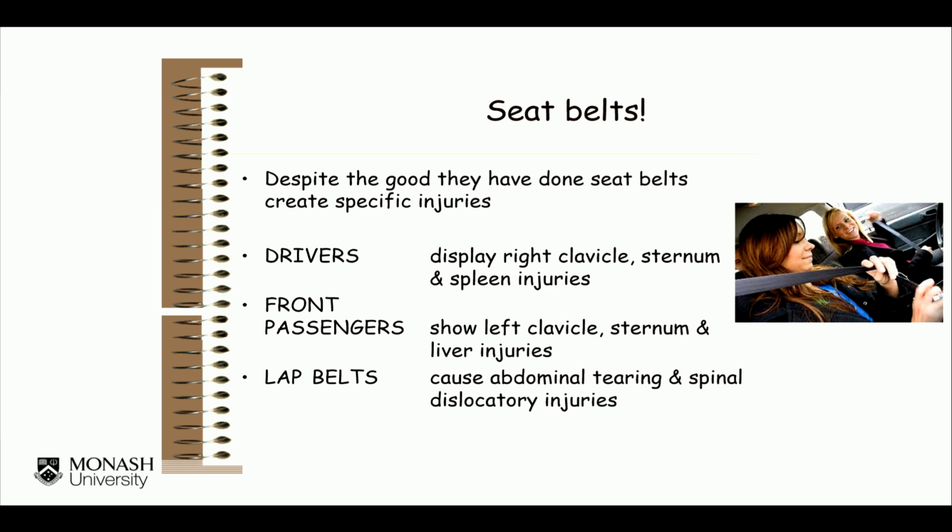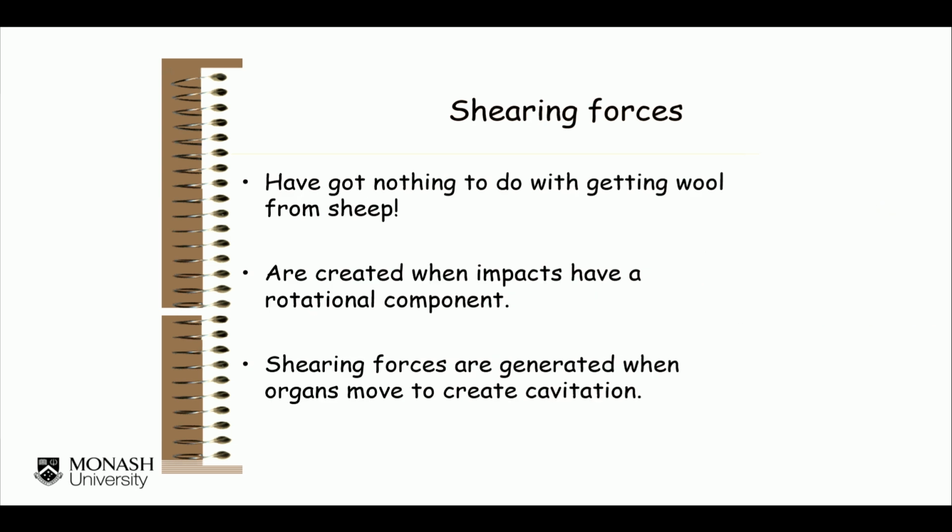So the injuries that can occur would be the right clavicle, the sternum and the spleen, whereas for the passenger, the seat belt goes from left to right. So the front passenger would show the opposite, injuries to the left clavicle, sternum and liver, whereas lap belts can cause abdominal tearing and spinal dislocatory injuries.